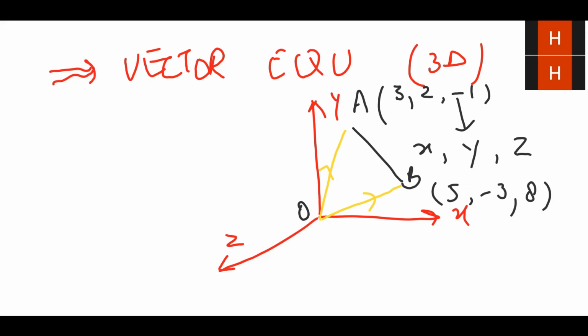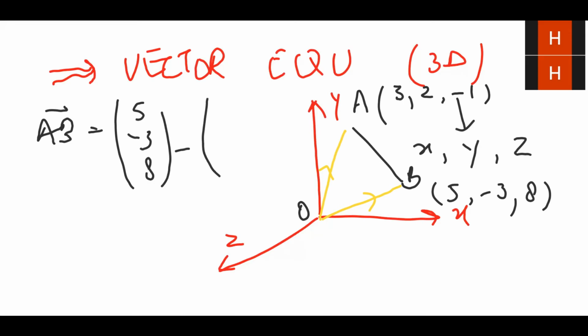So to find the direction vector AB, we subtract OA from OB. So OB, I have 5, -3, and 8, minus the coordinates of our OA position vector, which are 3, 2, and -1. So from here I get the direction vector AB, which is going to be 2, -5, and 9.